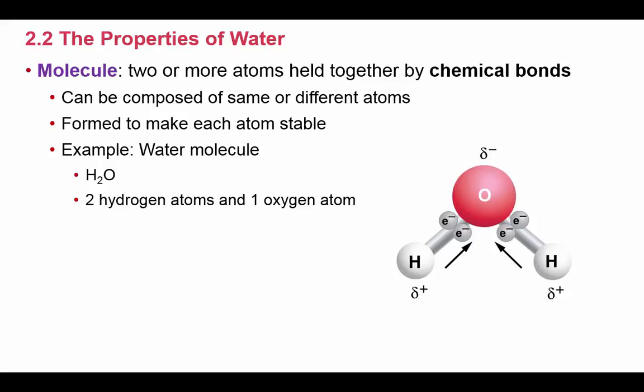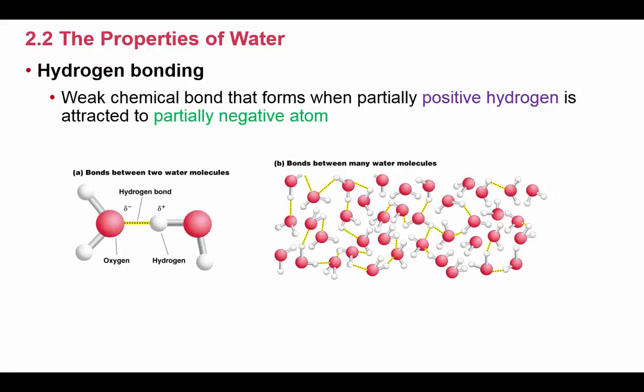They can be composed of the same type of atom, so multiple oxygens held together, or it can be composed of different atoms, like 2 hydrogens and an oxygen that make water. Forming these bonds together actually helps to make the atoms stable. So water is a very important molecule that we deal with in living things.